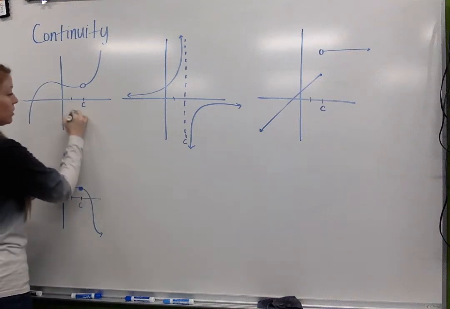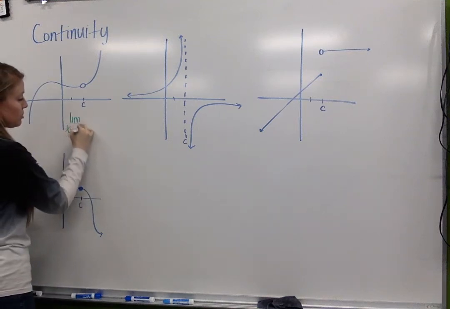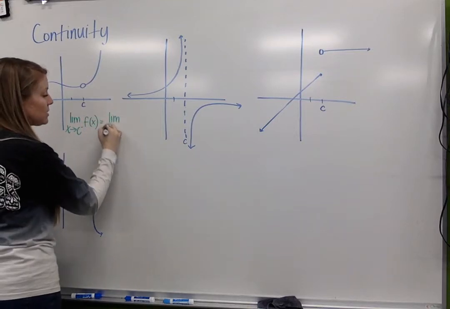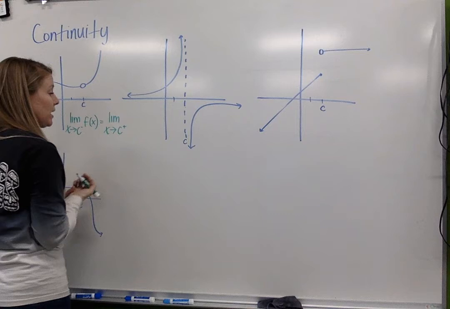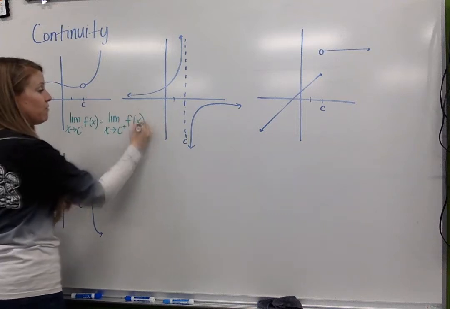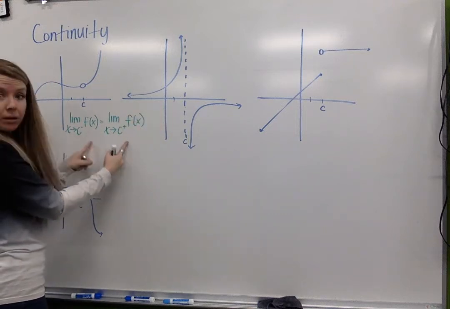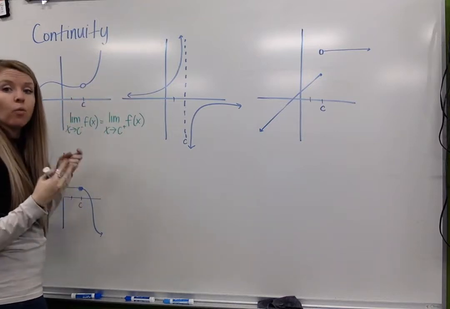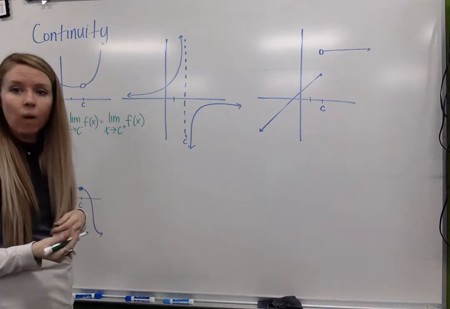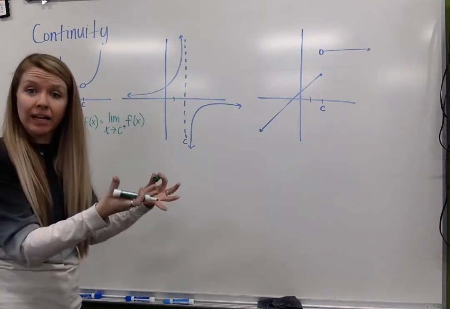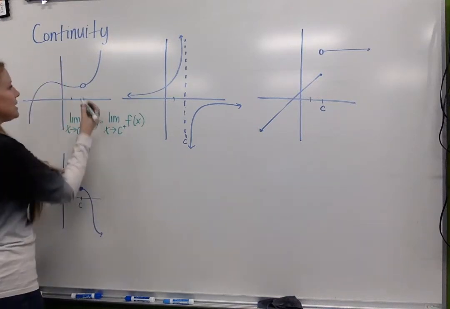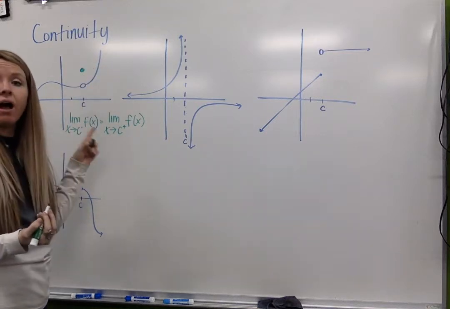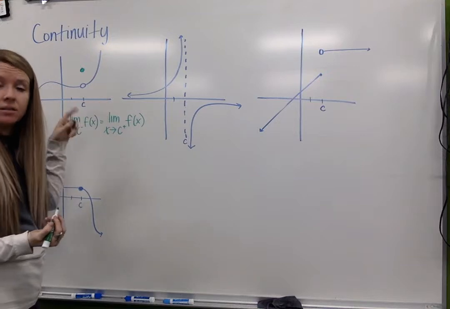So I know the limit as x approaches c from the left is equal to the limit as x approaches c from the right. Those are the same values. The problem is my limit does not equal the y value, because in this case the y value isn't even defined. But let's say it is.